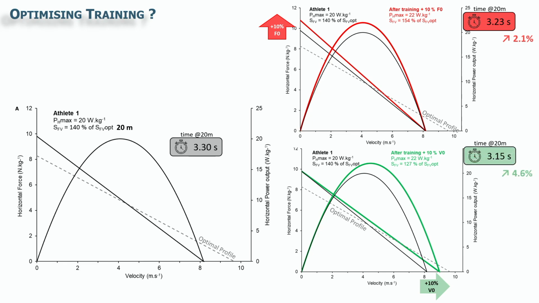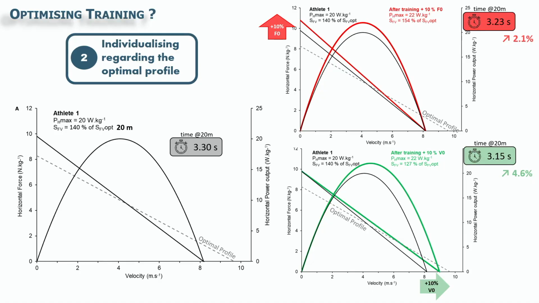And at the end, we increase the performance twice as much compared to the first solution. So there is some advantage to considering the optimal profile, even if the sprint distance is very important and affects the choice of the optimal profile. So for individualization, it's also important to consider this target.